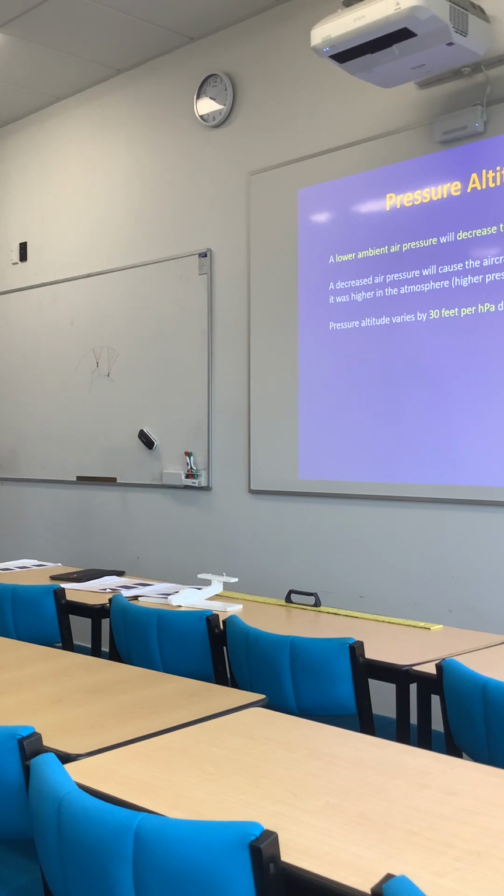It's a yardstick for calculating and comparing the performance of the aeroplane in relation to the flight manual on a given day. What they found is that at sea level, the average QNH was 1,013 hectopascals, and it reduced by 1 hectopascal per 30 feet as you climb through the atmosphere.